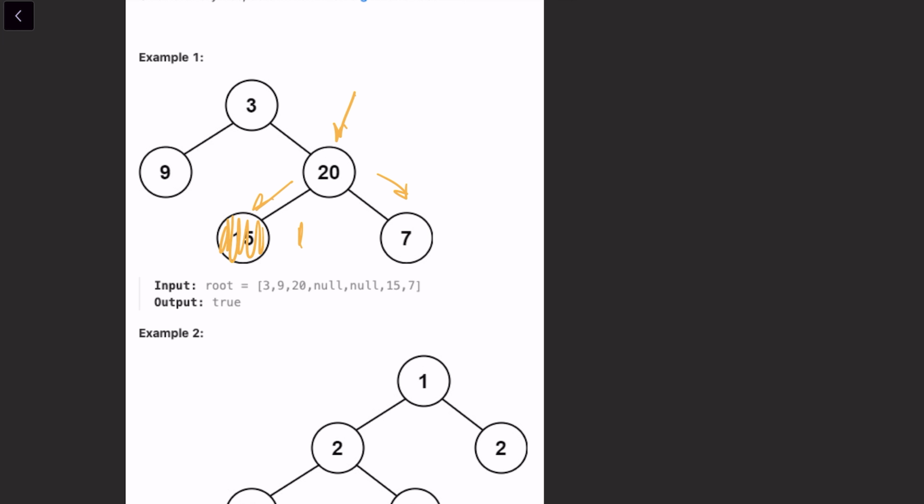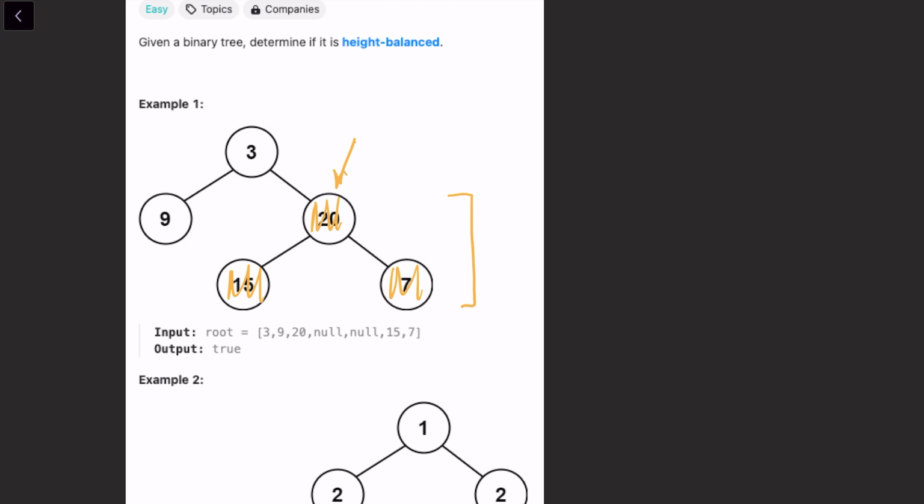It is not greater than 1. Therefore we know that this is all balanced, and now we need to return the height of this. So using the function I showed and the little code snippet, we can return the height at this level. So returning that will be 2.